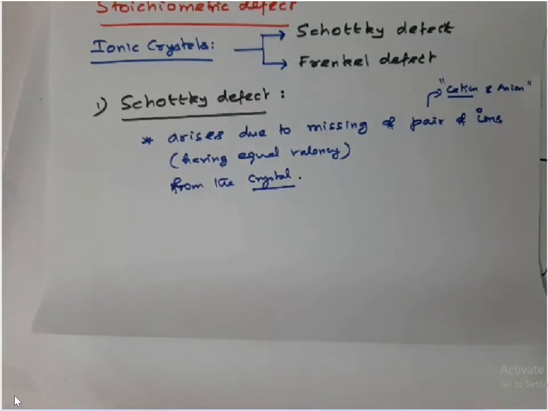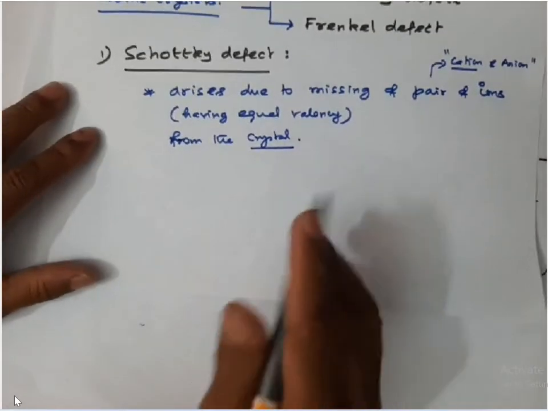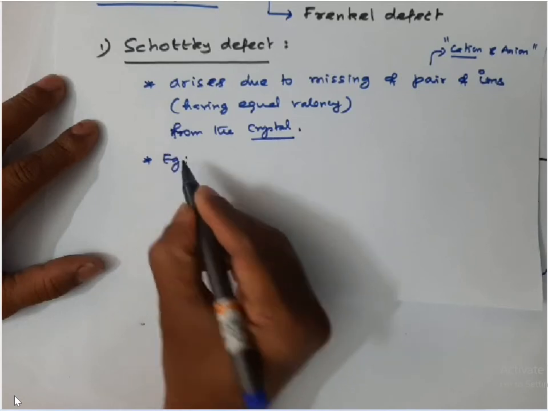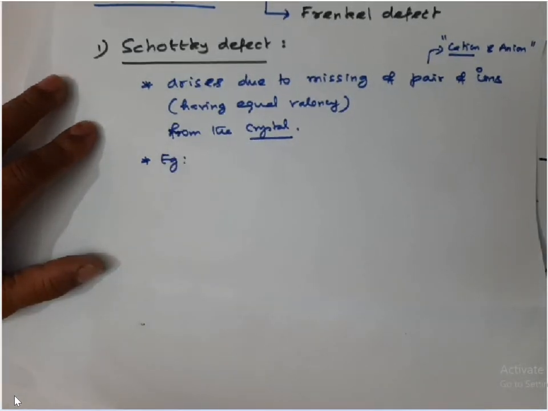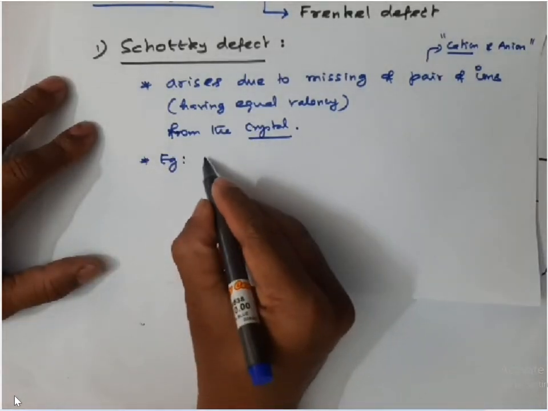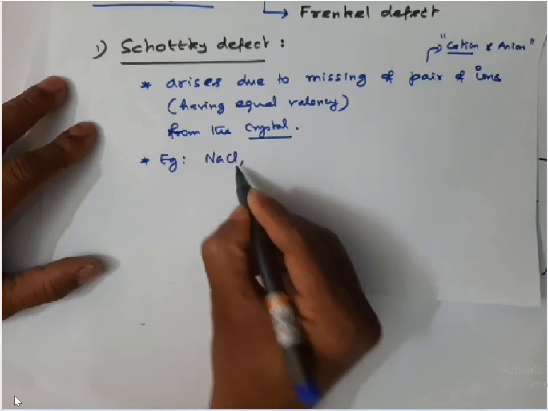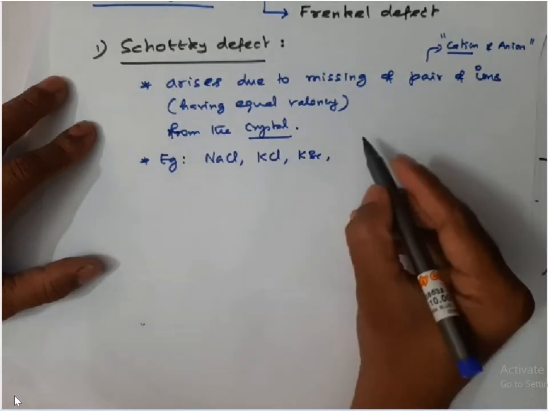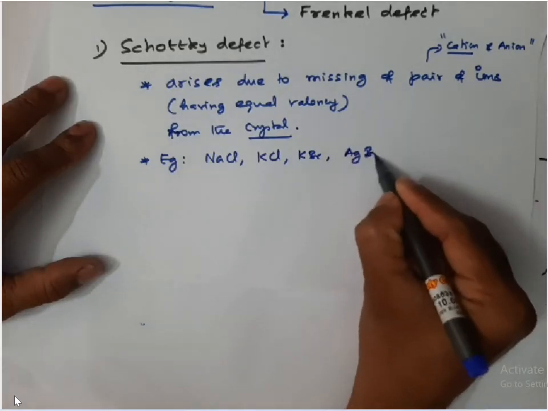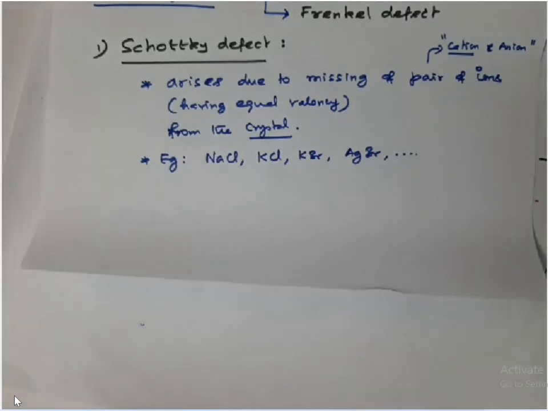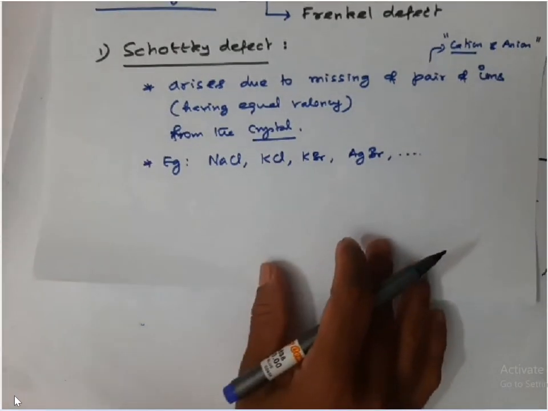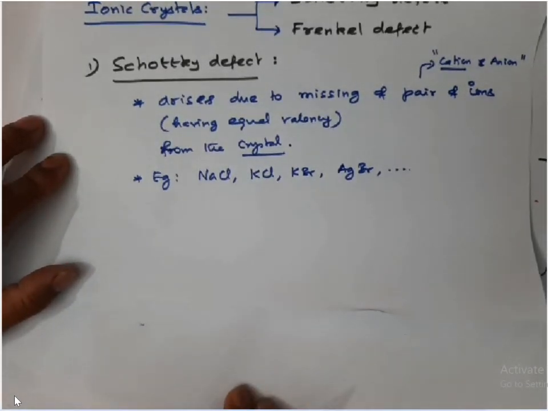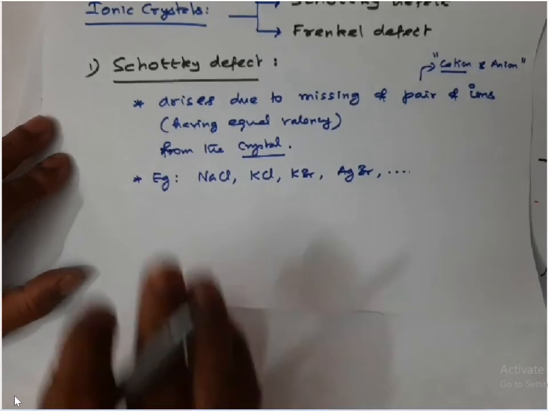What is meant by that? Let me give some examples first. This Schottky defect is usually observed in crystals like sodium chloride, potassium chloride, potassium bromide, silver bromide, etc. I have given a few examples here. Now, what is meant by Schottky defect?